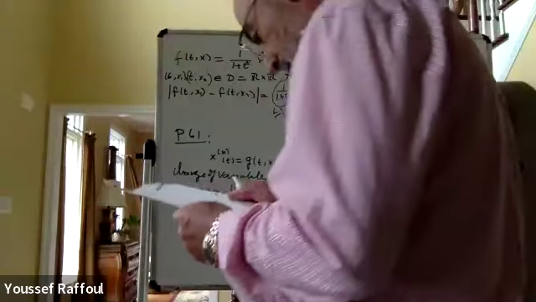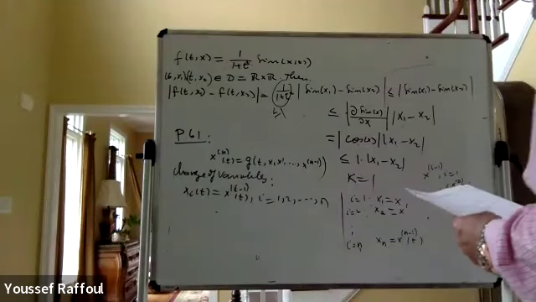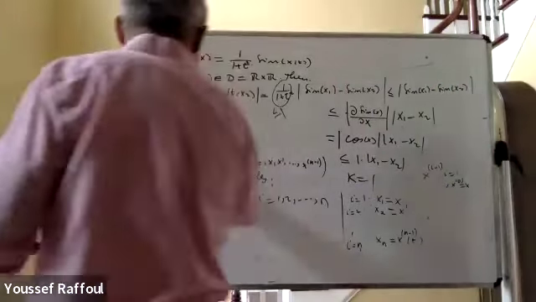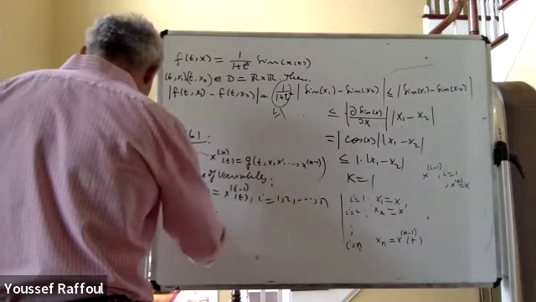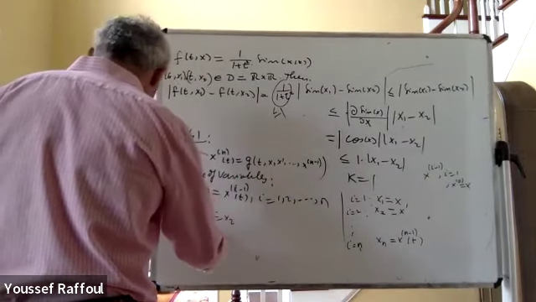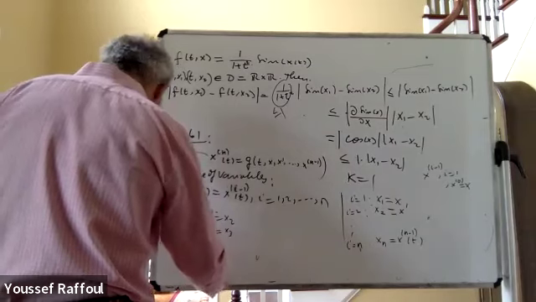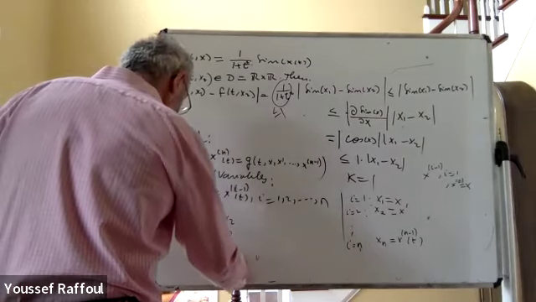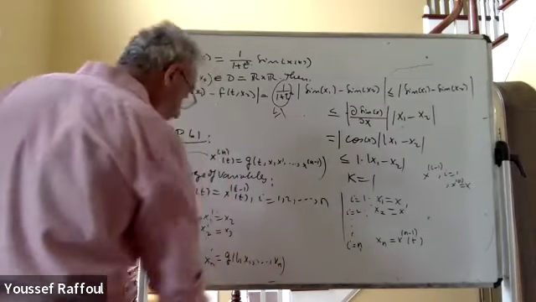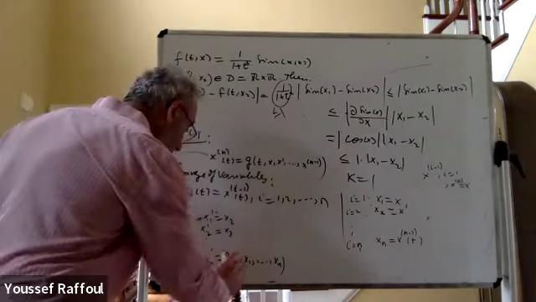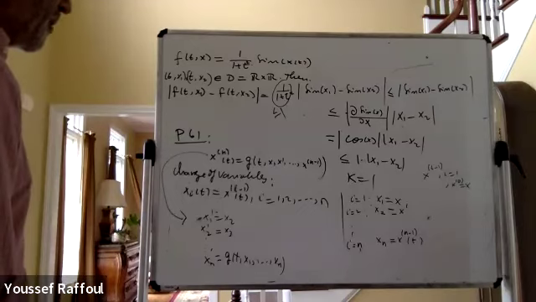So you're going to end up with x1 prime equal x2, x2 prime equal x3, and xn prime equal to g of t, x1, up to xn, if you do the correct change of variable.